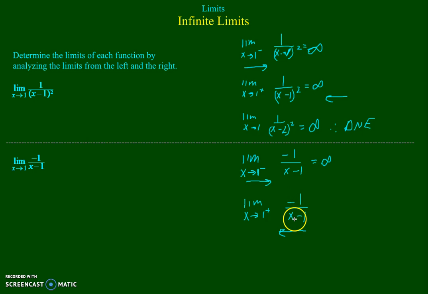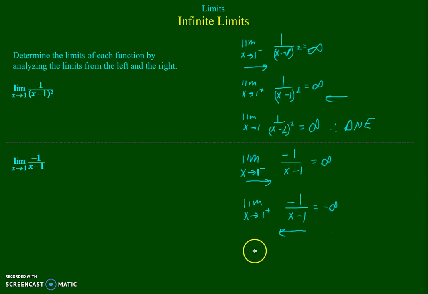And a negative divided by a positive is going to be a negative number. Now, as x gets closer and closer to 1, this denominator becomes closer and closer to 0, which means it's going to go into negative 1 more and more times. And since the overall fraction is going to be negative, this value is approaching negative infinity.